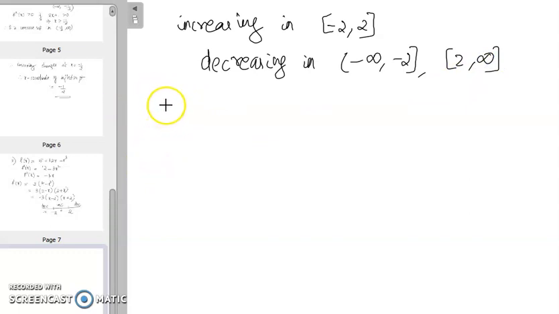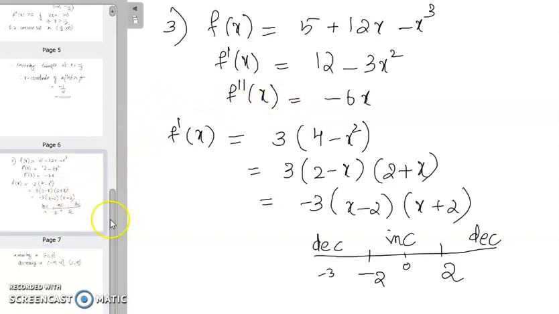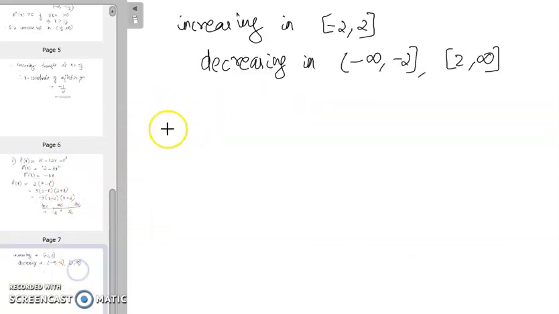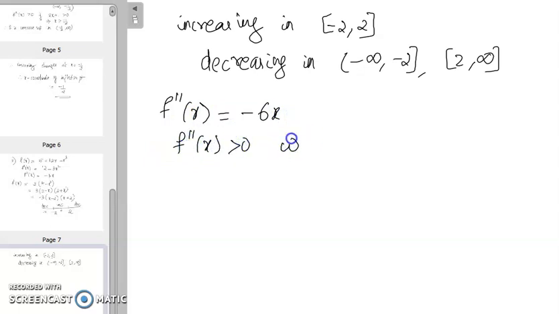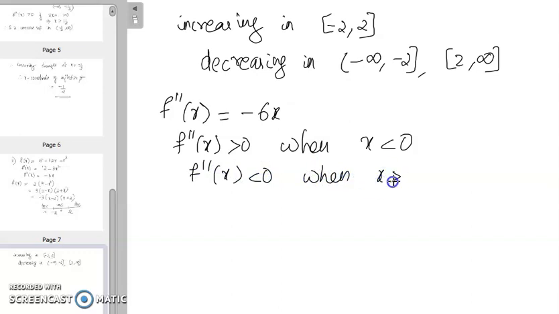Now let us take the intervals of concavity. F double dash of x is minus 6x. So f double dash of x is greater than 0 when x is less than 0, and f double dash of x is less than 0 when x is greater than 0.